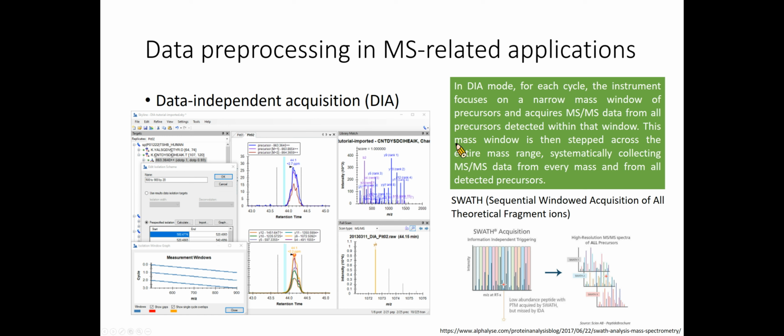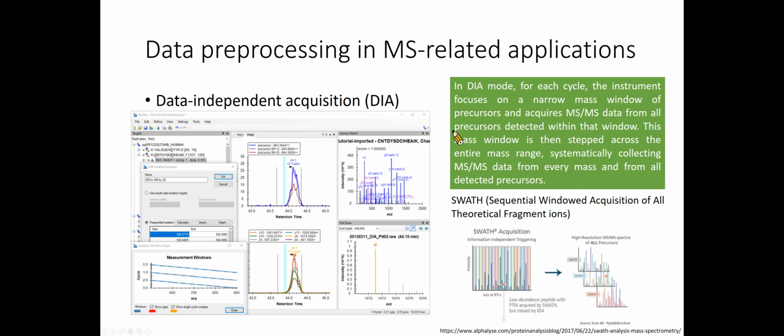Skyline can also support data independent acquisition, which is a mass spectrometry-based approach for the analysis of complex biological samples, where the entire mass spectrum is collected and analyzed rather than focusing on specific target ions as in data-dependent acquisition or parallel reaction monitoring.